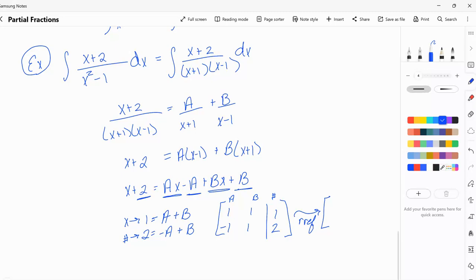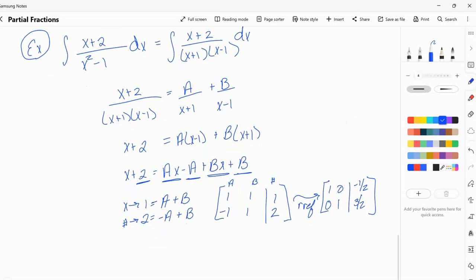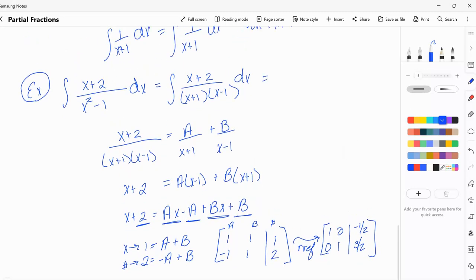This is giving me 1 0 0 1, and then I'm going to get negative 1/2 for A and 3/2 for B. So I could rewrite this guy as negative 1/2 over x plus 1 plus 3/2 over x minus 1.